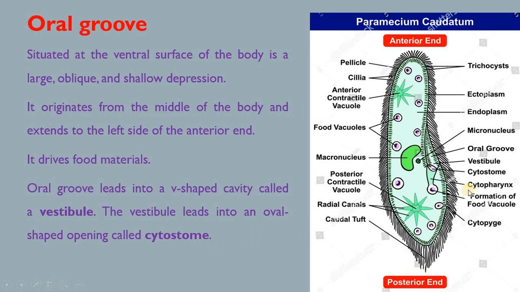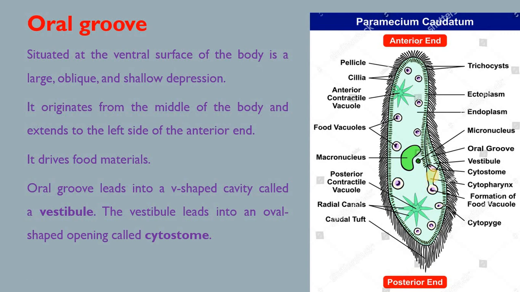Next, the cytostome leads into a funnel shaped cytopharynx. Here you can see in the picture, this is the cytostome, the oval shaped opening, and this is the funnel shaped cytopharynx.